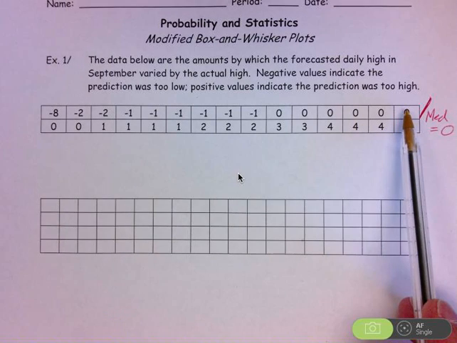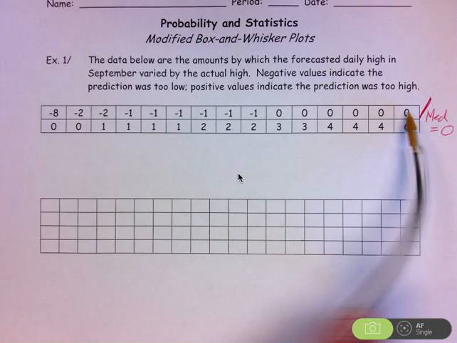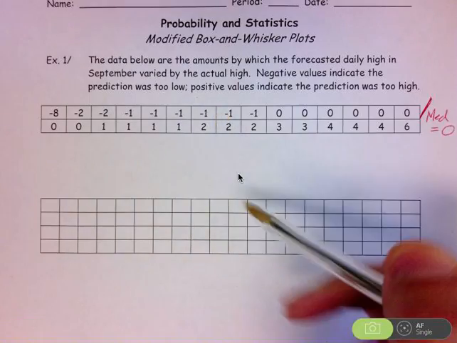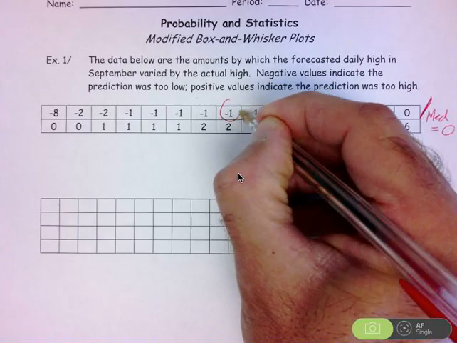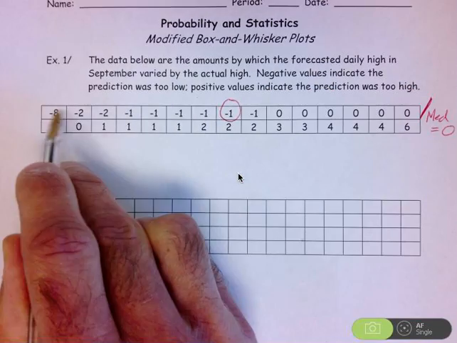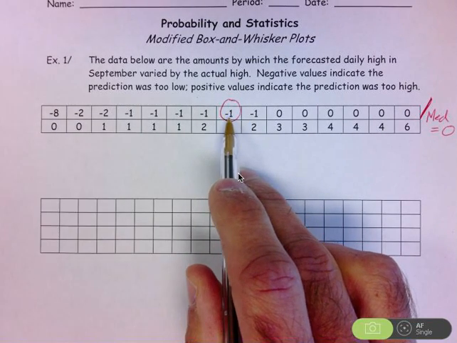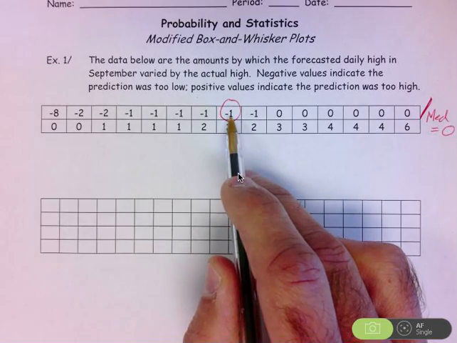We can find the middle of the lower 50%. That would be observation number 8. 1, 2, 3, 4, 5, 6, 7, 8. Here is observation number 8. So there are 7 below it, there are 7 above it. So this observation is the middle or the median of the lower 50%.